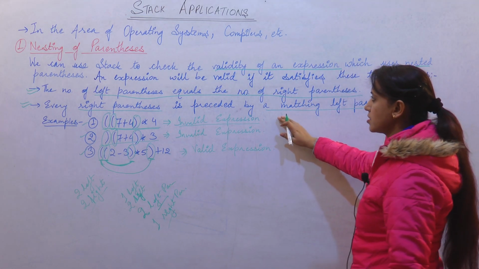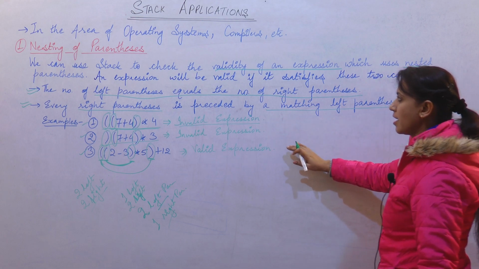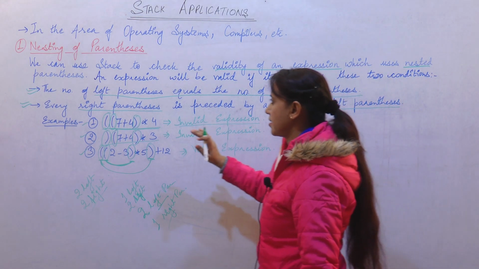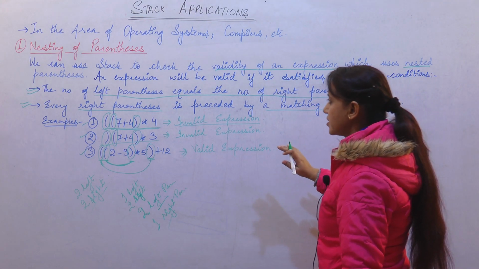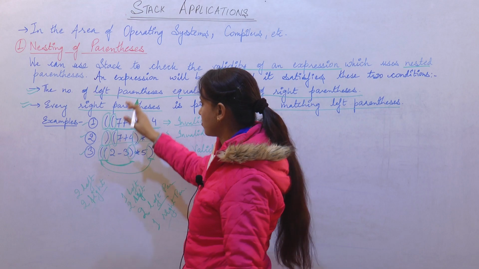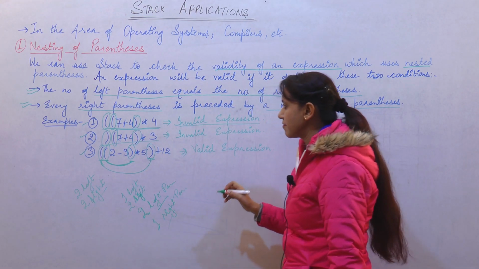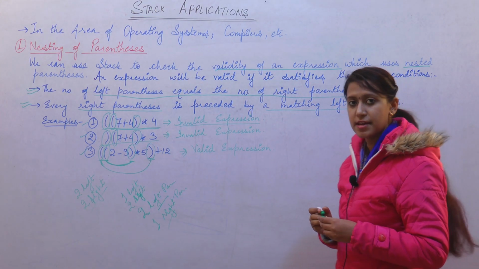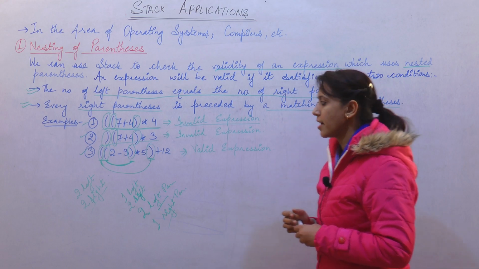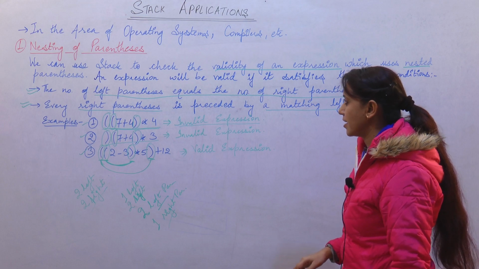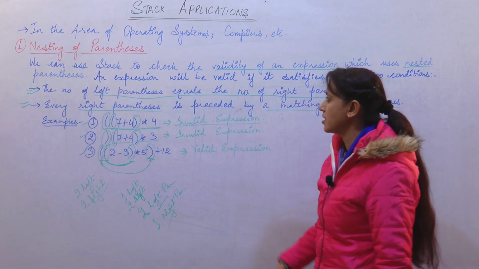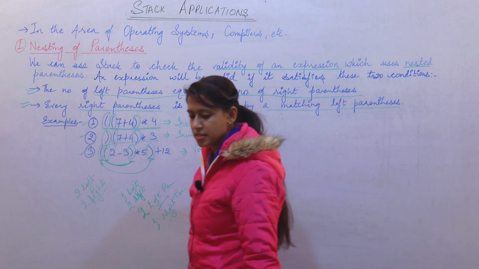So this was the nesting of parentheses, how we can check the validity of an expression through the two rules. We applied these two rules on these examples to find out whether the given expressions are valid or invalid. In this way stack is used in nesting of parentheses.